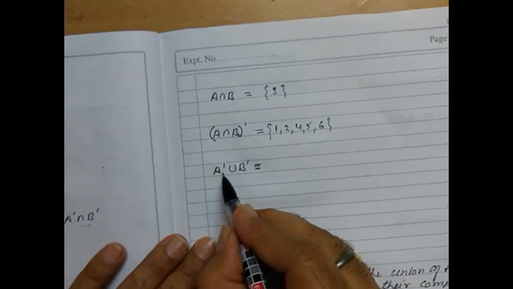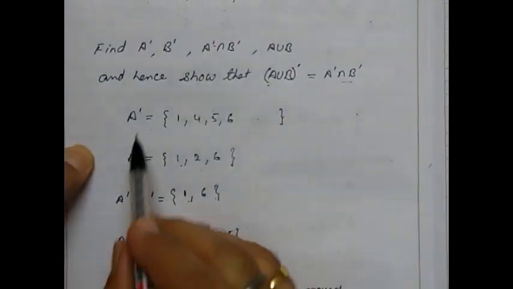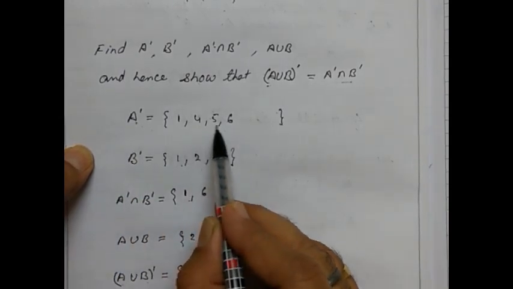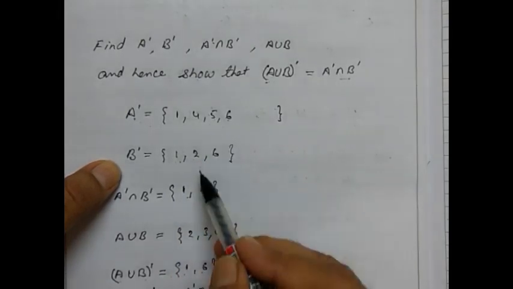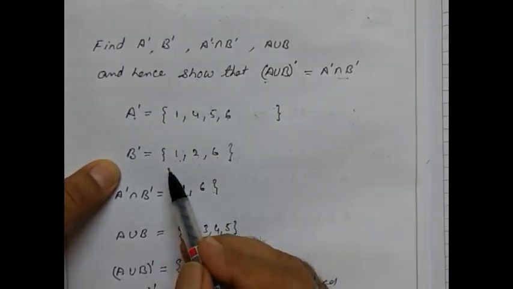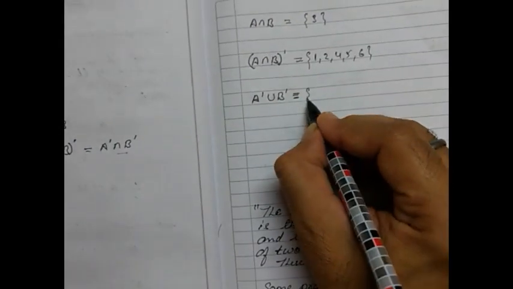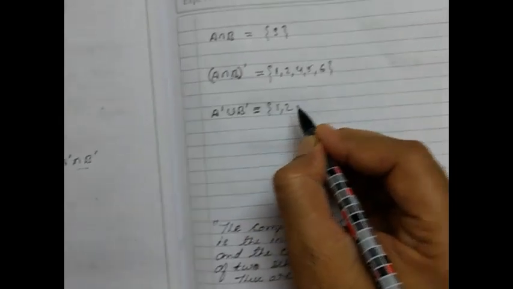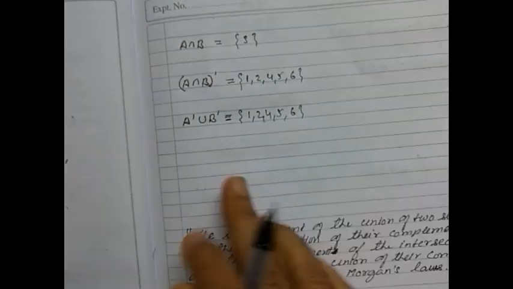Now when we say A complement union B complement, if we see, A complement is 1, 4, 5, 6 and B complement is 1, 2, 6. In both the sets, 3 is not there, only the rest are present. So here we will have 1, 2, 4, 5 and 6, isn't it?